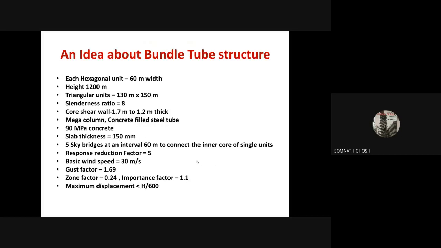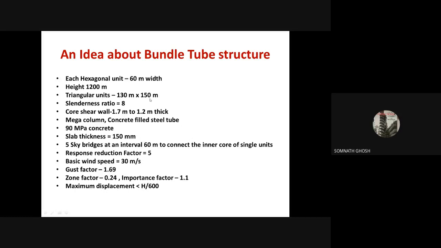Now, just as an idea about this bundle tube structure, just an idea, it is based on some analysis done by somebody: the hexagonal unit is 60 meter width, and the height is supposed to be 12 meter.